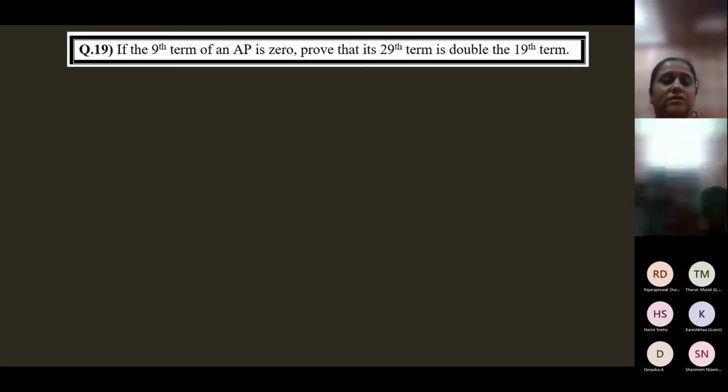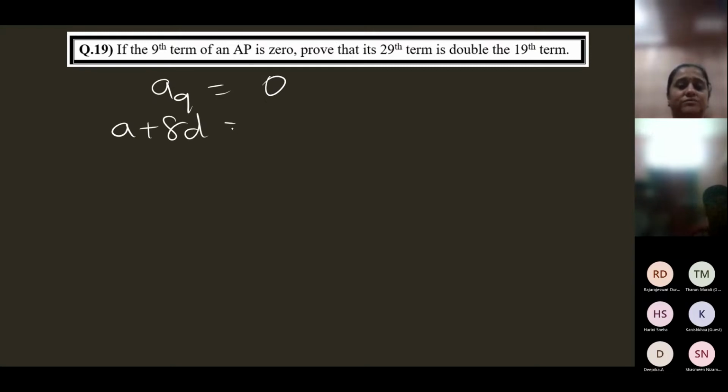Yes. If the ninth term of an AP is 0, prove that its 29th term is double the 19th term. We'll just work with what is given. The ninth term is 0, that means a plus 8d is 0.